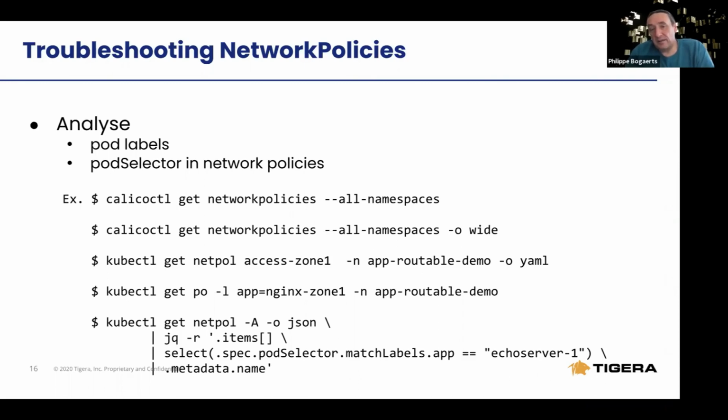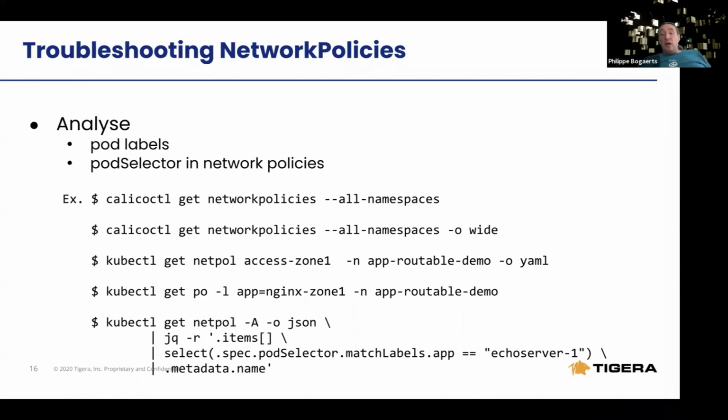Typically, network policies are applied on a namespace, so that's why I mentioned all namespaces. But also know that Calico supports global network policies, which are not namespace bound and wouldn't show up here. So in Calico's case, just also remember there are global network policies that might be blocking traffic.